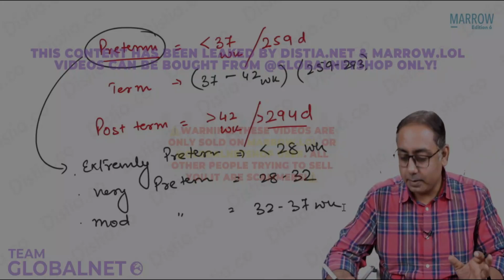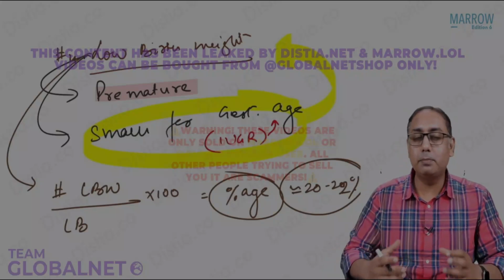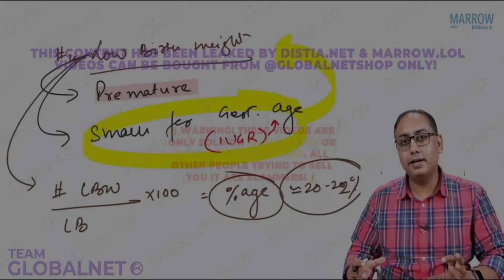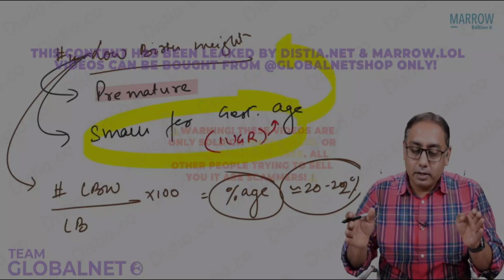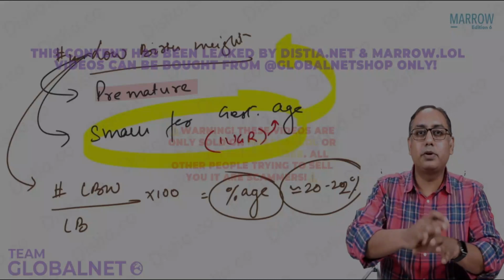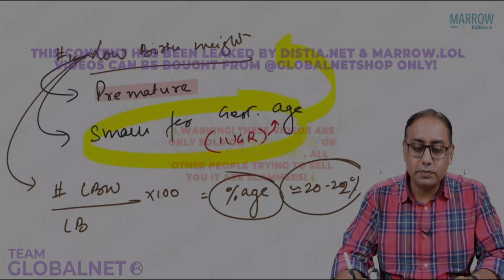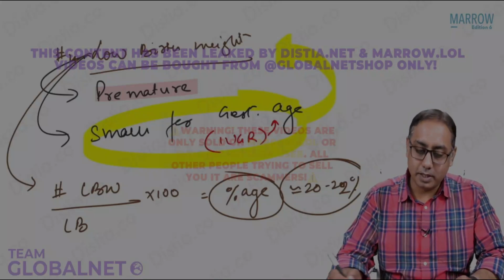So these are the types of preterm babies, and prematurity is an important determinant, but more important than that in India is intrauterine growth retardation coupled with prematurity, which is a massively big problem. That is what India is facing as far as low birth weight babies are concerned.